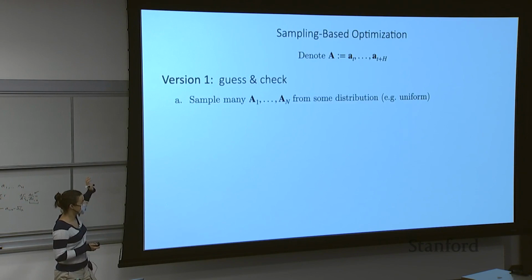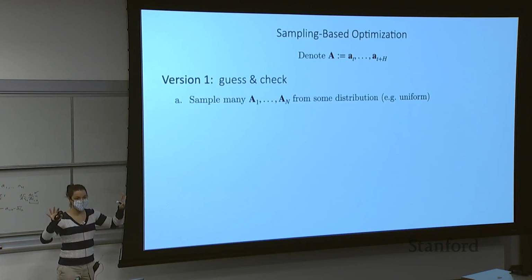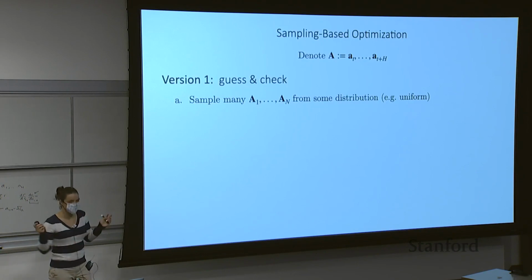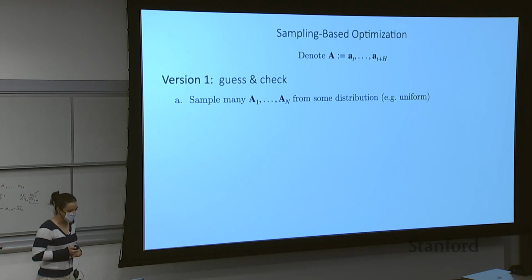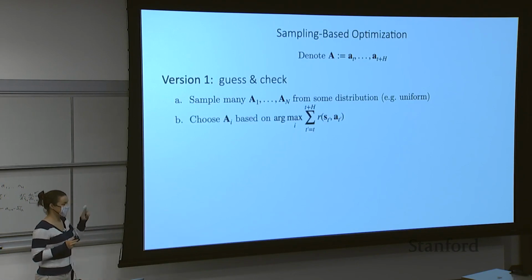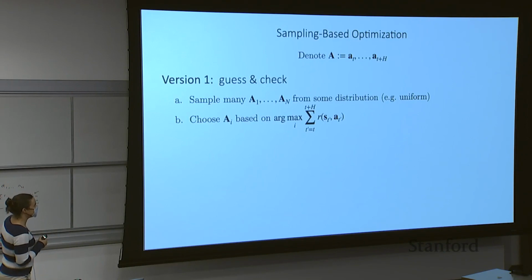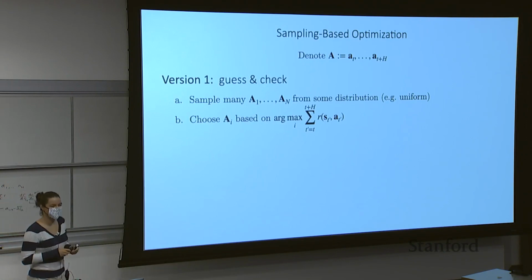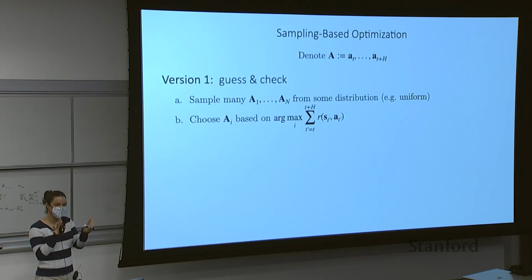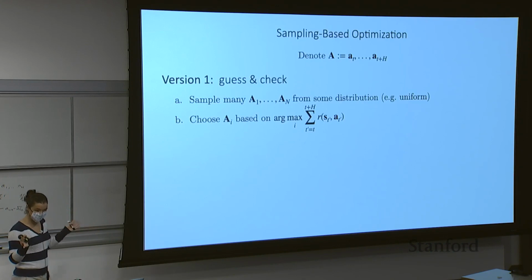We'll sample a bunch of different action sequences, like maybe 1,000 or 10,000, from some distribution, like a uniform distribution. And then we'll just choose the action sequence that maximizes reward. This is maybe not the smartest way to optimize the objective, but if you parallelize the sampling process and the evaluation process, it can actually be super fast, which is nice.